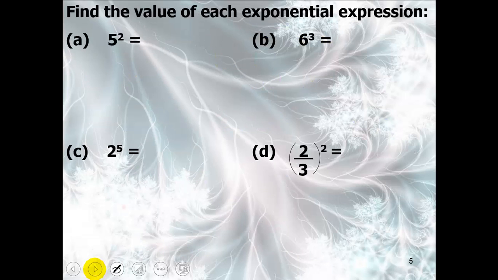Find the value of each exponential expression. So we have 5 squared. Well, that is the same as 5 times 5. 5 times 5 is equal to 25.